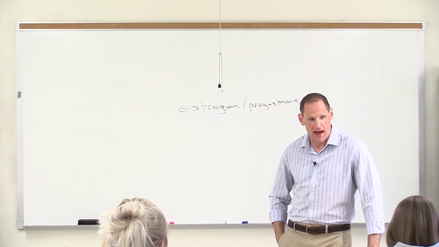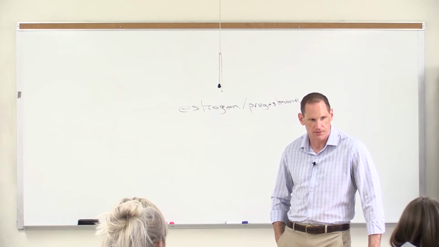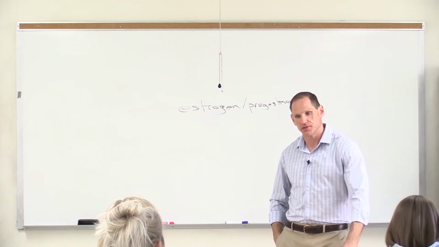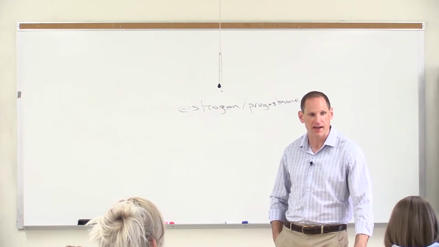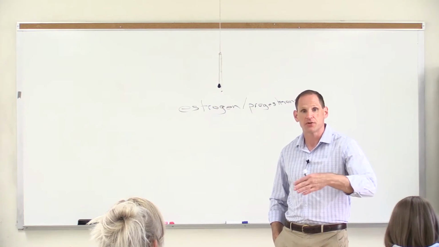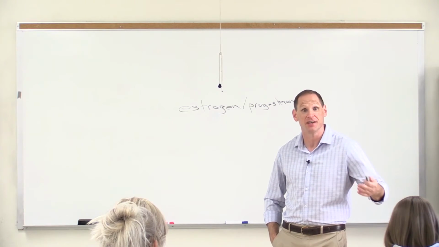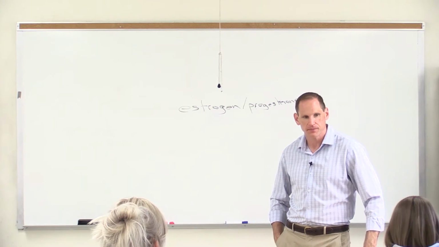So the first generation activates testosterone receptors in addition to progesterone receptors, whereas the most recent ones don't have that androgenic effect. So they'll have decreased androgenic effect, which can lead to better skin, less acne.